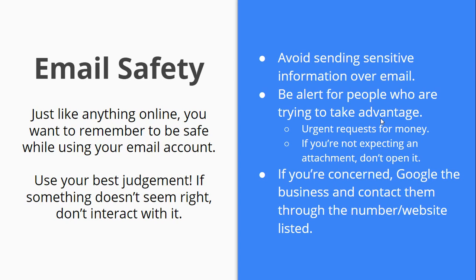So just a few little tips: you want to avoid sending sensitive information. So things like your credit card numbers, your social security numbers, any passwords you have, because then people will be able to take advantage if they have that information. And like I said, try and be alert. So things that are kind of warning signs are urgent requests for money or for information.